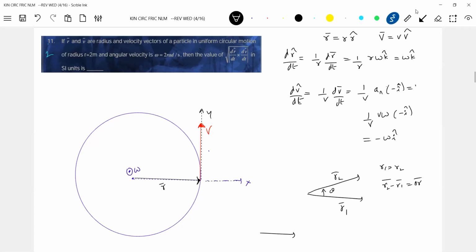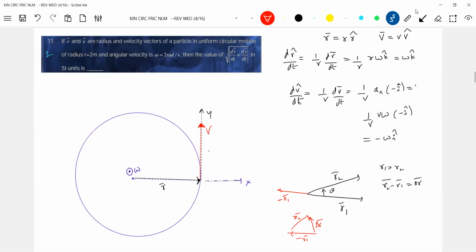So minus R1 bar, this R2 bar. The resultant will come somewhere here like this. So that is delta R bar.